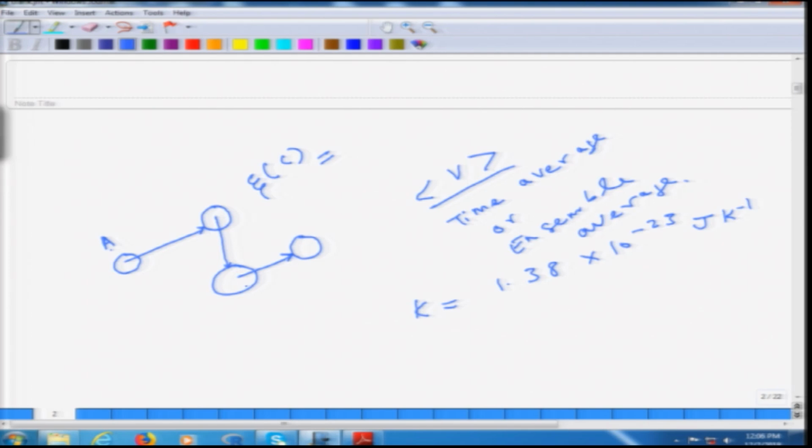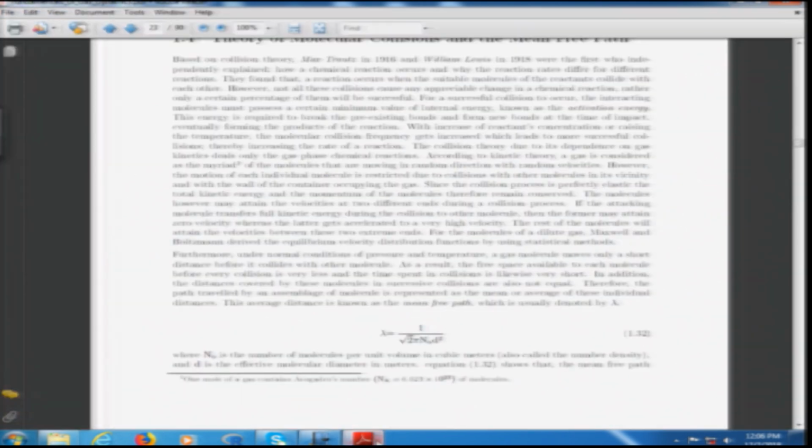Therefore, to define the average distance covered by these molecules, we take the average of these distances. By definition, the average of the path traveled between two successive collisions is termed the mean free path in gas kinetics, and it is usually denoted by lambda.